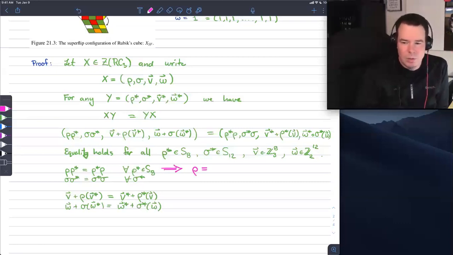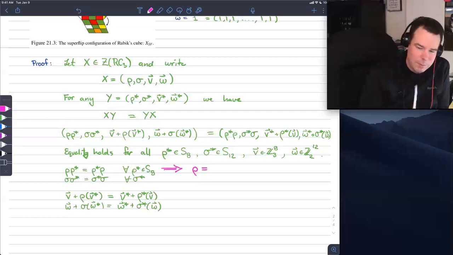For any permutation on 3 or more objects, there is always something that doesn't commute with it. So since rho is a permutation of 8 objects, there has to be something that doesn't commute with it. But this tells me that everything commutes with it. So rho can't be a non-identity element.